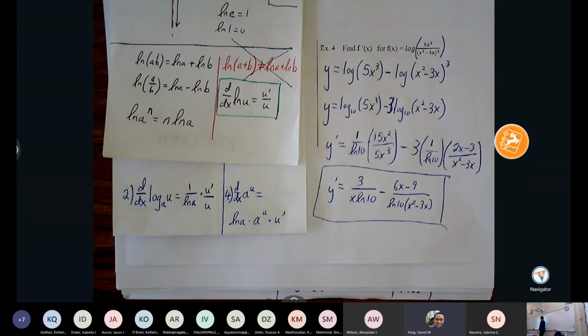We have 2 of them. Both of them, we're going to apply our new rule that we just learned, log base a of u. We can leave it in this form. I just decided I wanted to do a little bit of cleanup with my last step.